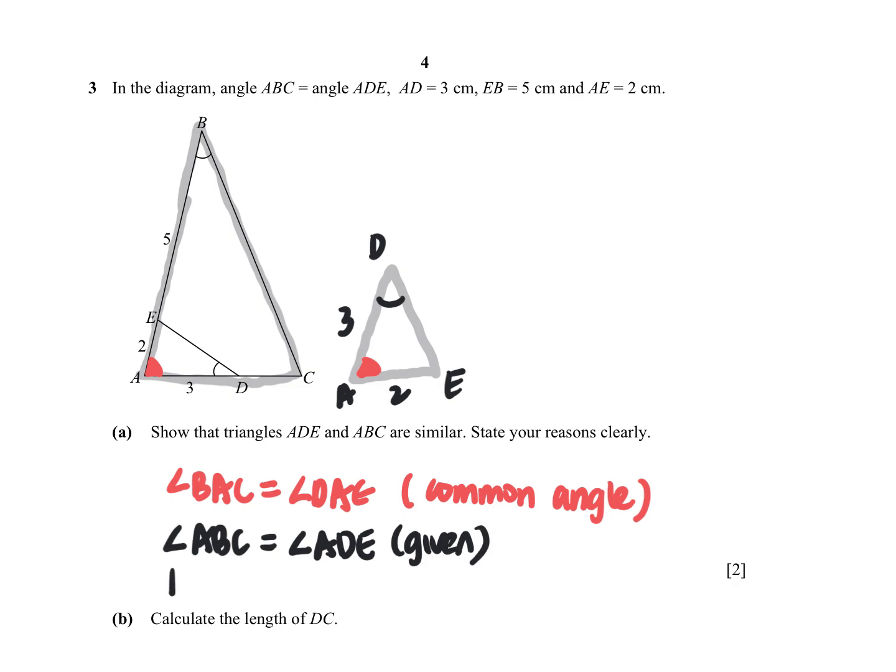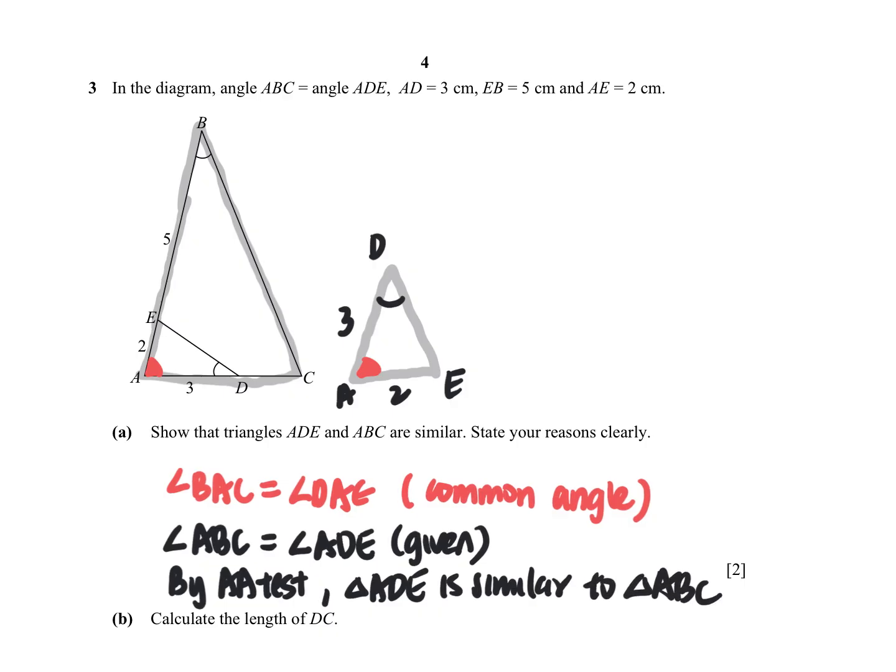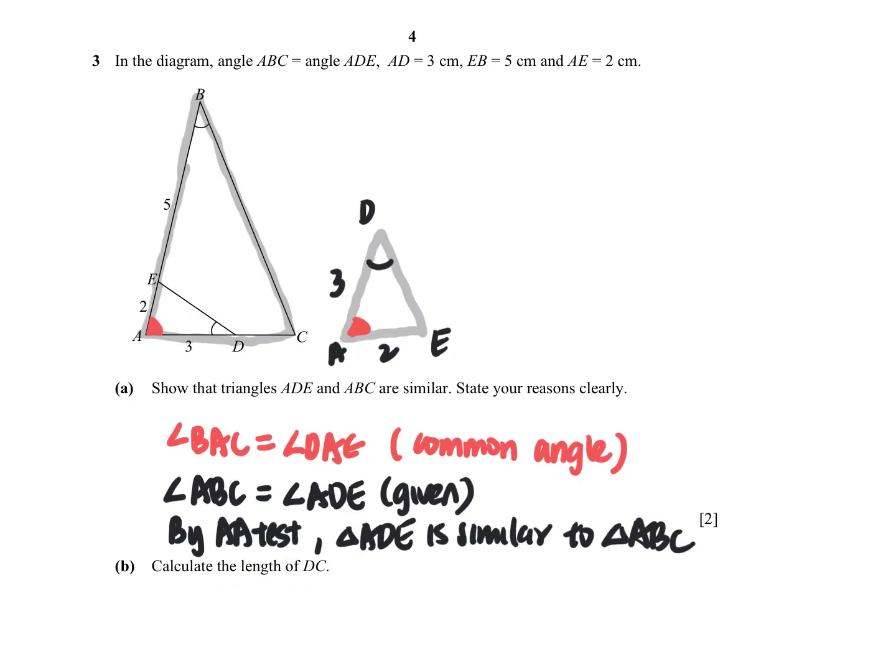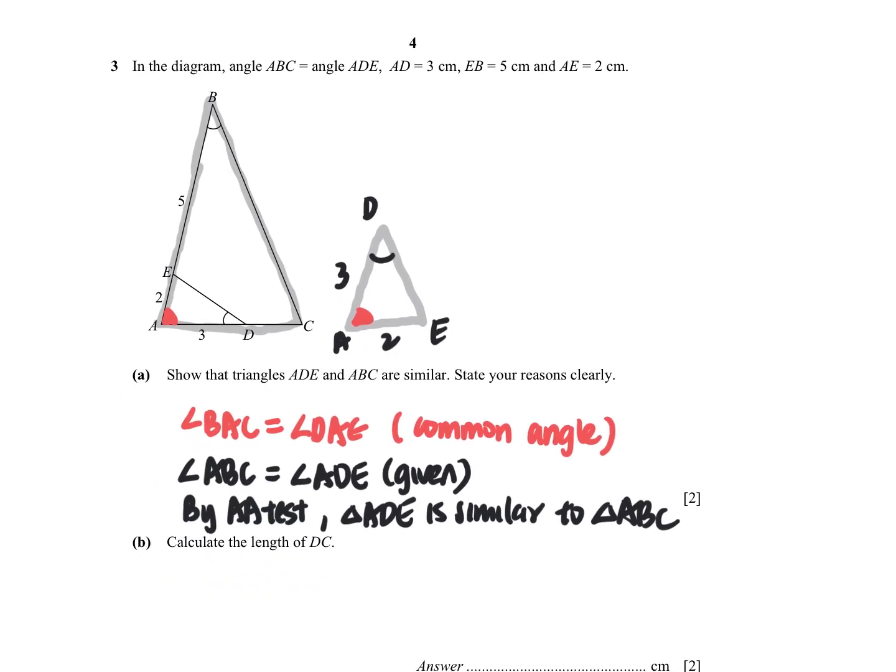So by AA test, this triangle is similar to this triangle. Okay? So the similarity test, most of the time, is the AA test. You just have to find two angles.